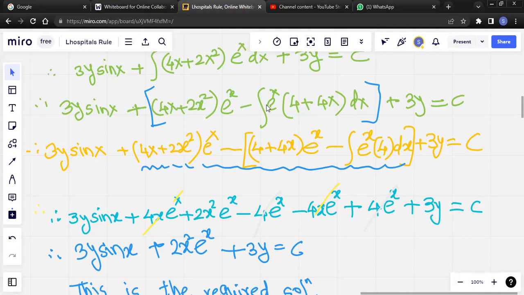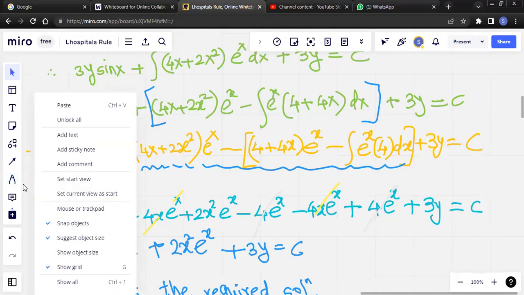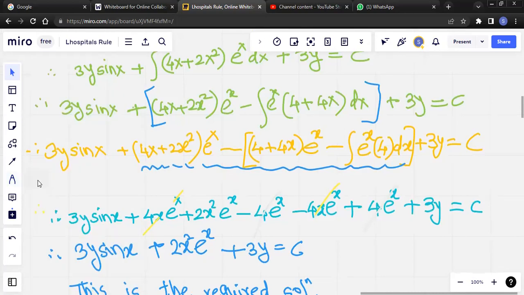Now it comes to this product. Here again I have to apply by parts. You can see this bracket is taking care of by parts.